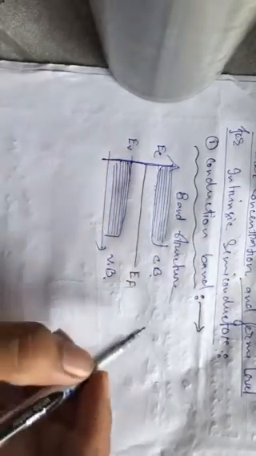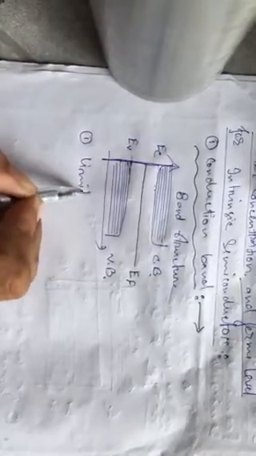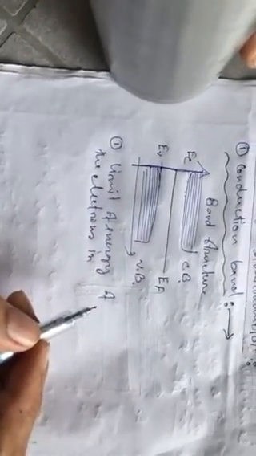So the first concept is that the limit of energy of the electron in conduction band is EC to infinity, right?